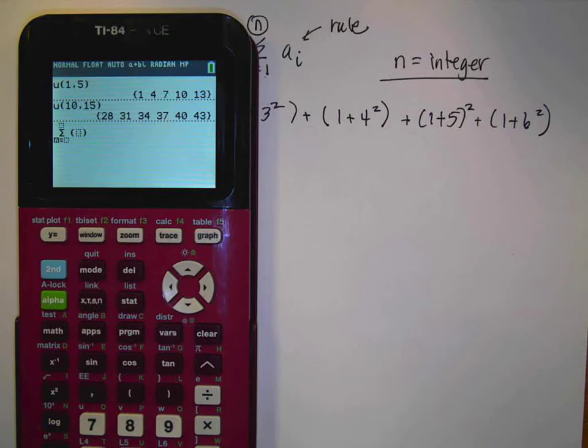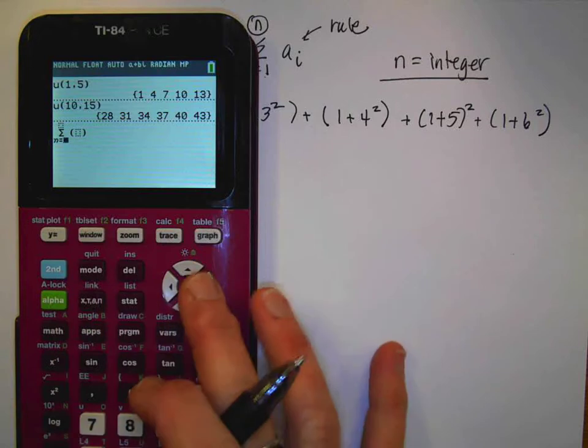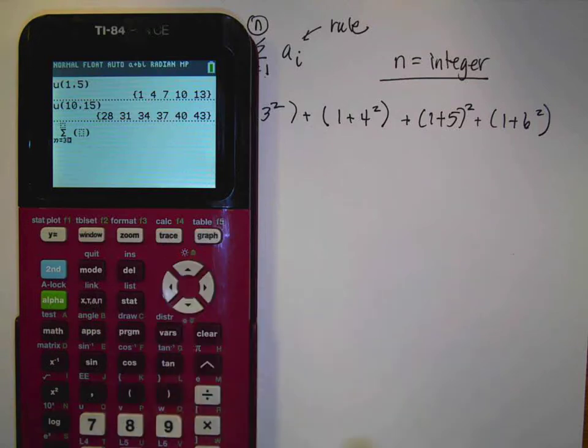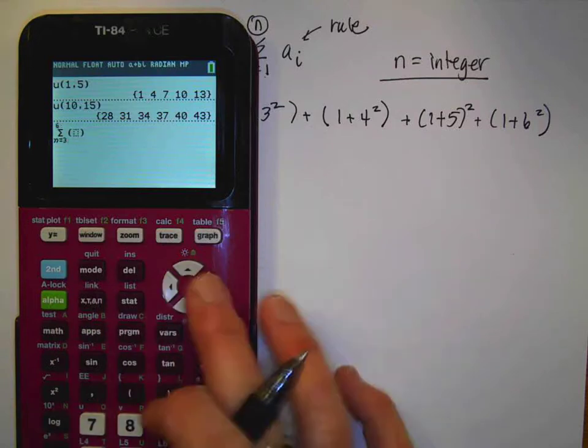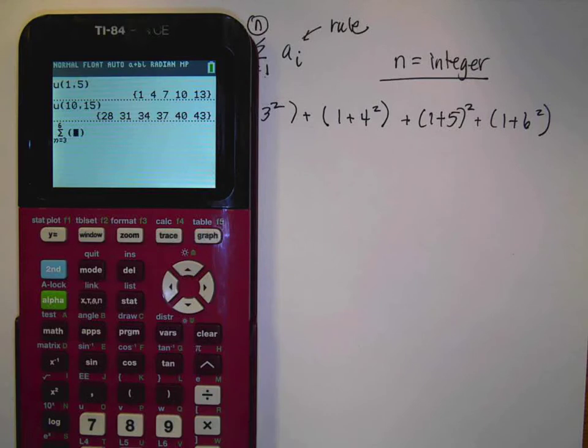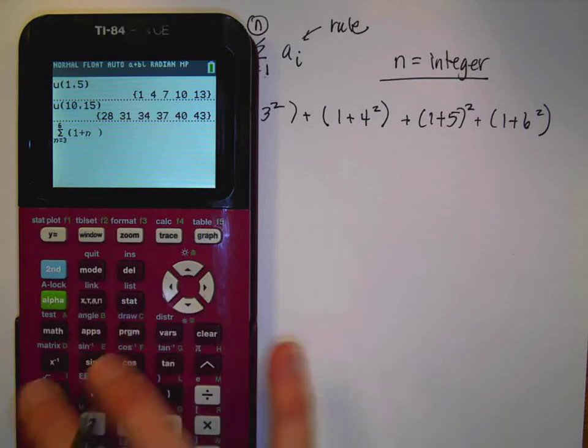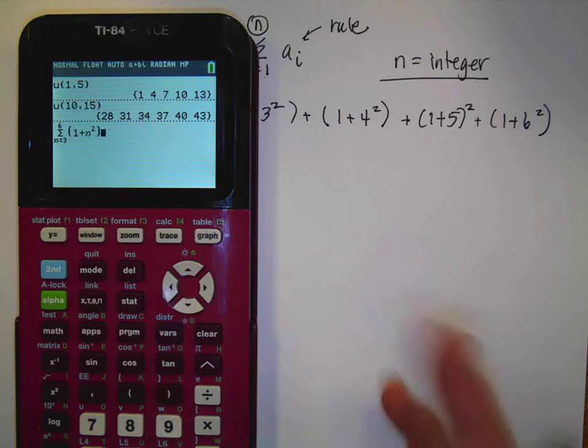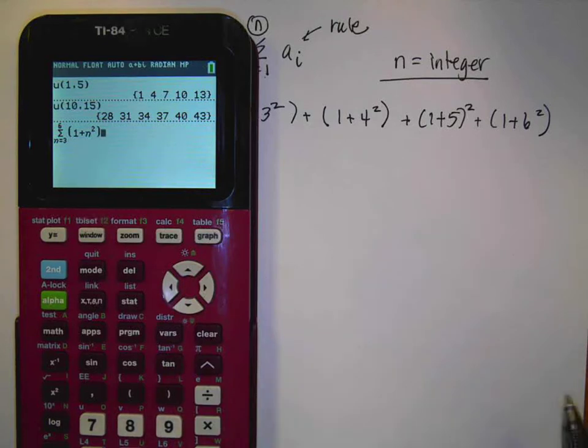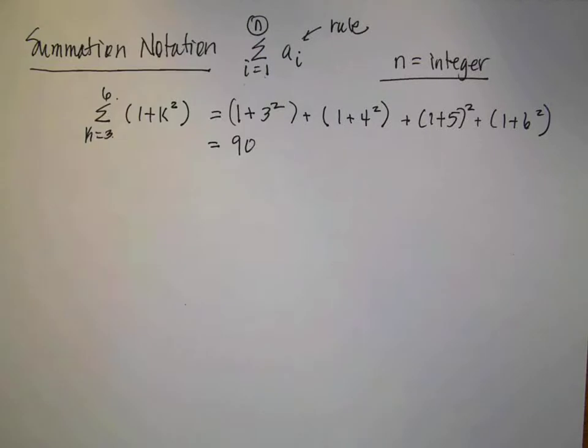And notice it's just like entering a derivative or an integral, so I'm going to say x or n, and that's okay, 3, and then I'm going to go up here to the 6, and then I have to put in my rule, 1 plus n squared, and I don't actually have to be in sequence mode to pull that off, but I didn't change the mode on my calculator, so it really doesn't matter what the variable is. I push buttons, and then I get 90, and there's the sum of your sequence. So if you have the opportunity to use your grapher, it's always way easier to do it in your grapher. All right.